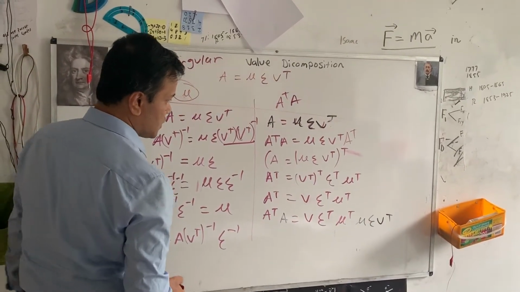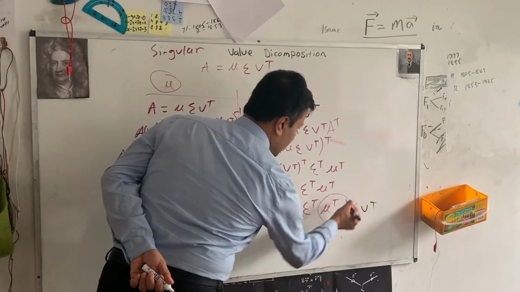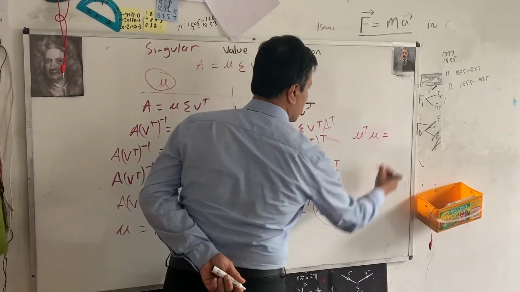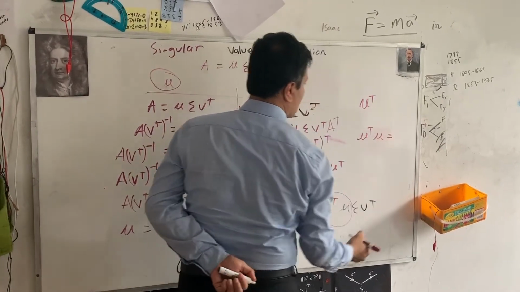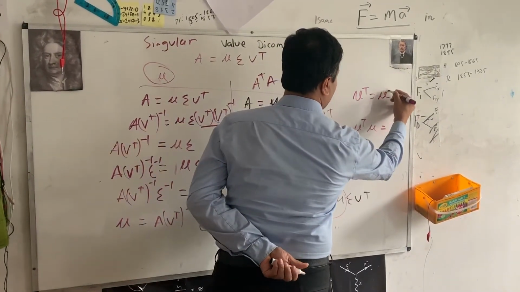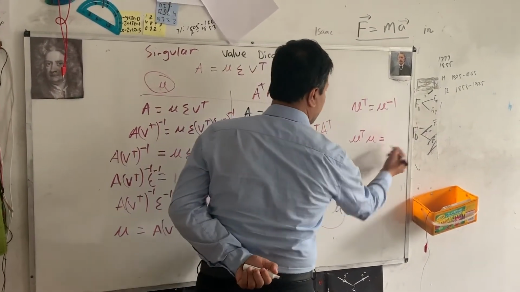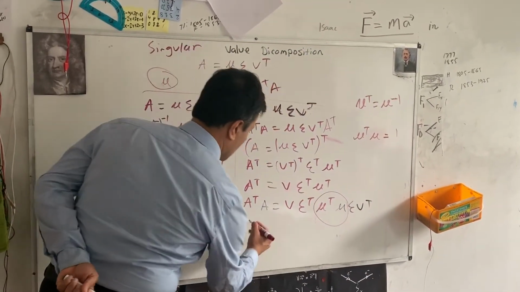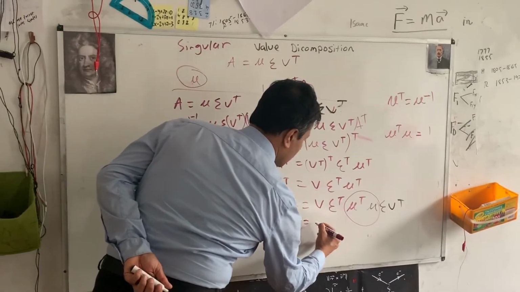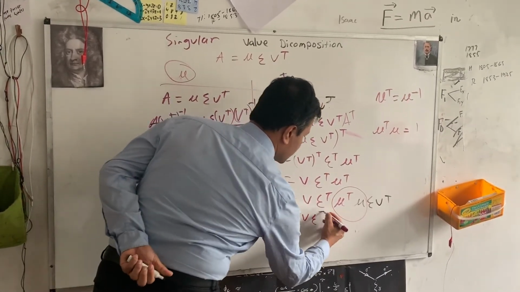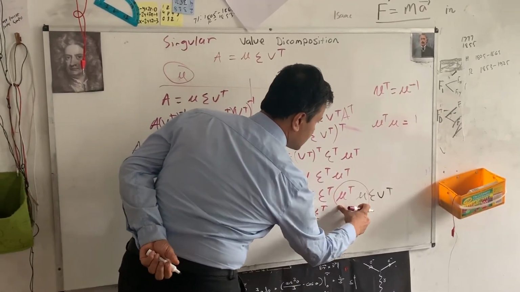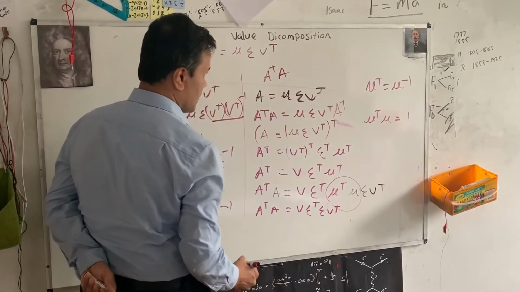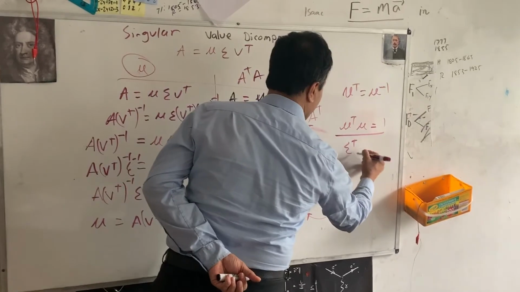Now, as you see over here, mu transpose mu cancel each other because mu transpose can be mu inverse, so that becomes 1. So A transpose A is equal to V sigma transpose, this is 1, and sigma V transpose.